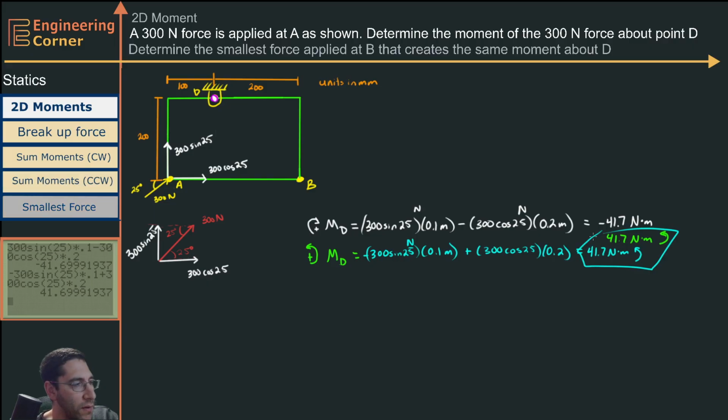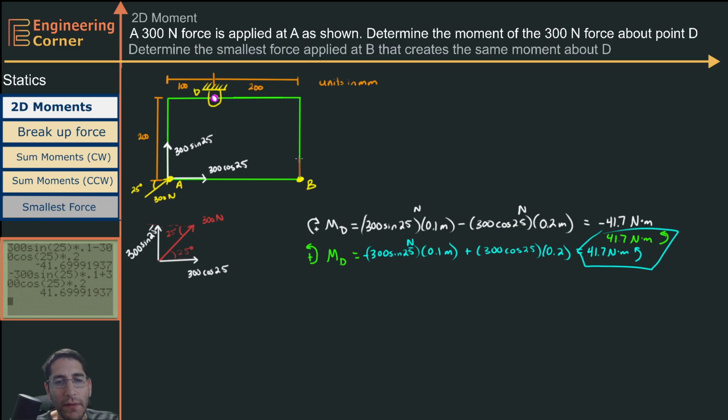All right, so now let's look at the second part, which is we want to determine the smallest force that we can apply at point B that creates the same moment, so that creates this 41.7 Newton meter moment at point D. Let's look at this from a geometric perspective for a minute.